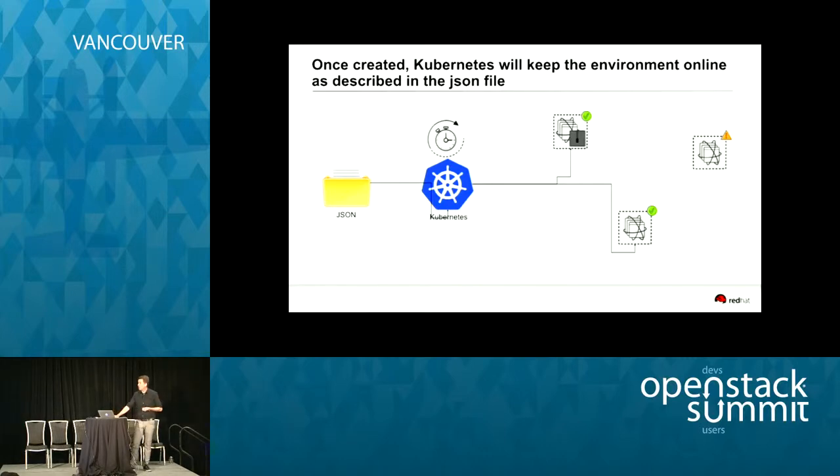Now, if there's an issue with one of the containers, after a short while, Kubernetes will detect that and then find a new location in your cluster to create an additional container to replace the broken one, and then do self-healing. So no longer do I get a page, it'll automatically recover from that failure and ensure that the desired state is met in my container cluster.